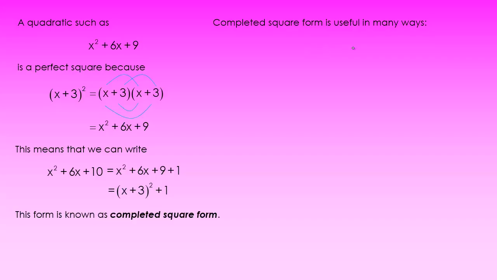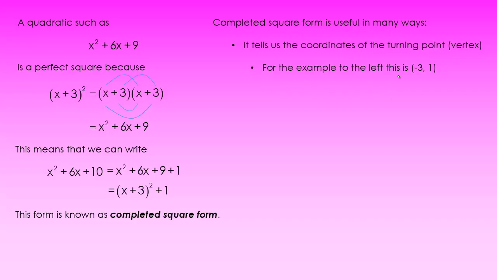Completed square form is useful in many ways. It tells us the coordinates of the turning point or vertex of a curve. For the example to the left, this is -3, 1. We get the x coordinate of the vertex by looking for the value that would make the bracket equal to 0.